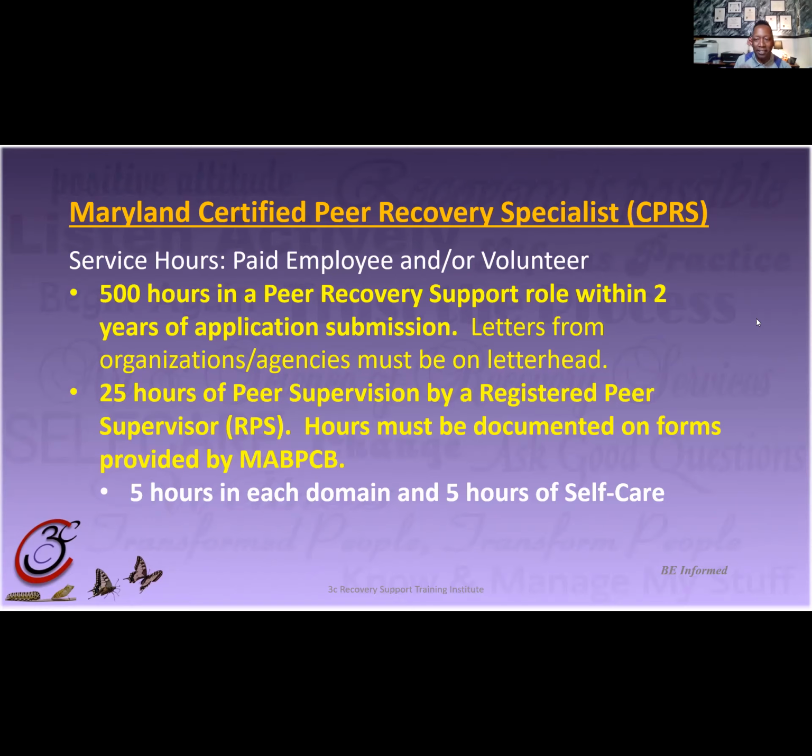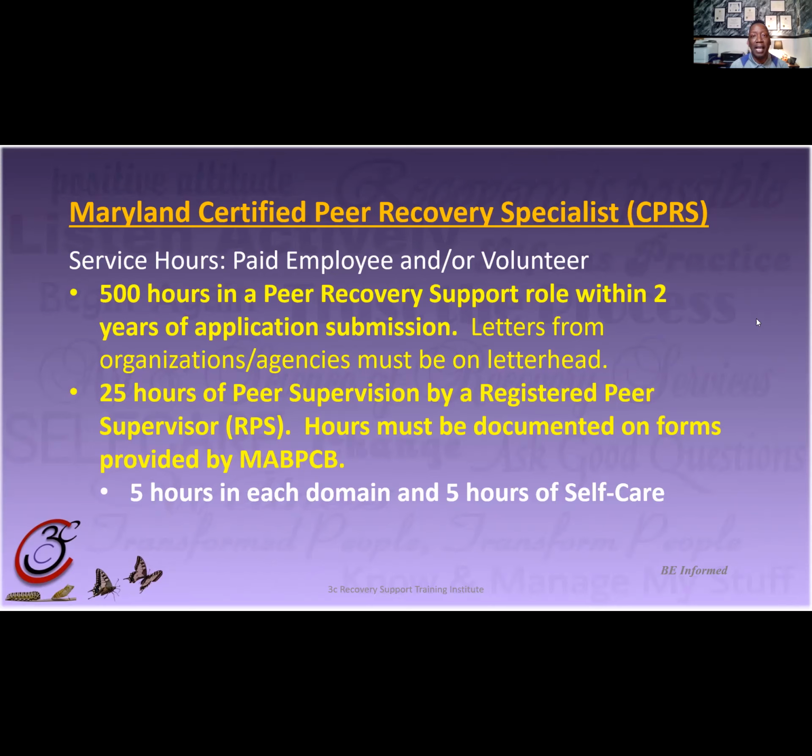They have to be a registered peer supervisor with the same certification board that is going to give you credentials as a peer. So you can check the certification board's website for individuals who are registered peer supervisors. And if you don't have one on the job, you can encourage someone where you are serving to become an RPS so that they can sign off on those 25 hours.